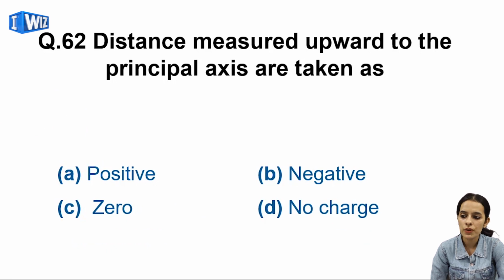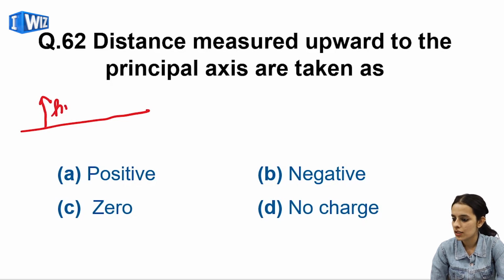Distances measured upward to the principal axis are taken as upward, like in this way. Upward is where the object is placed, so you will take it as positive.